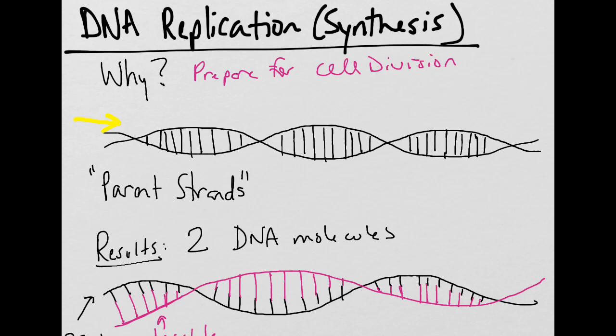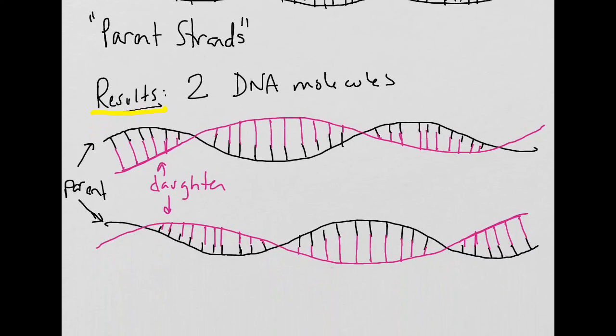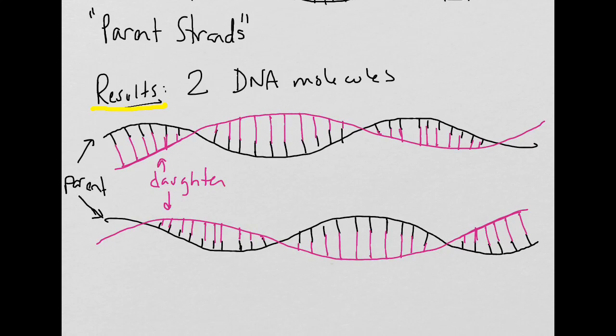When it's all said and done, the result is we will have two exact copies, two DNA molecules. But they won't be exact copies. They will be made up of parent strands and daughter strands.